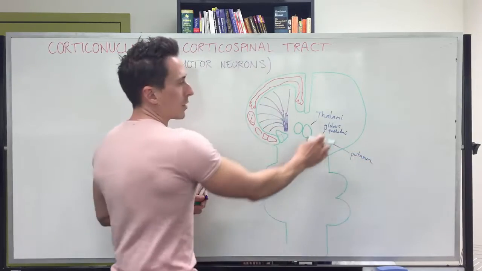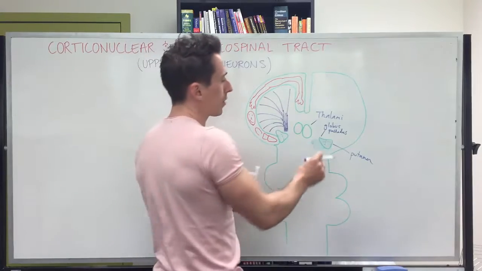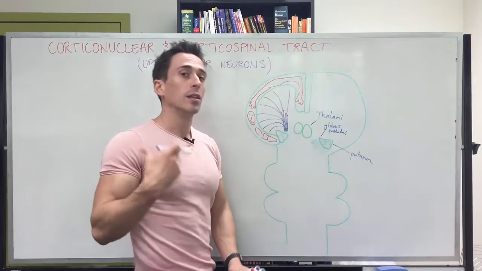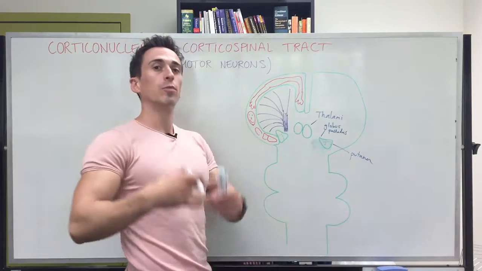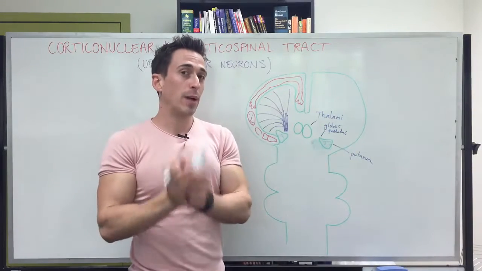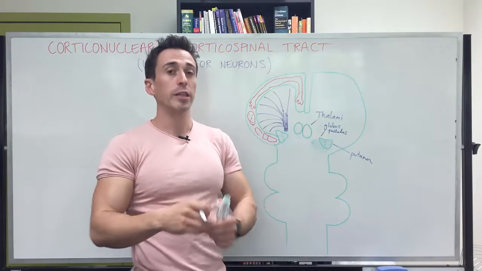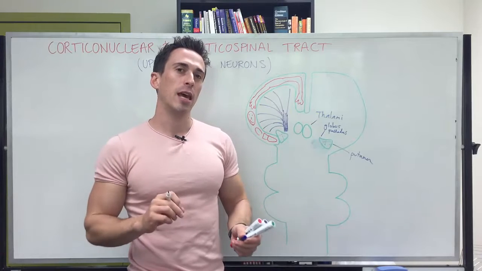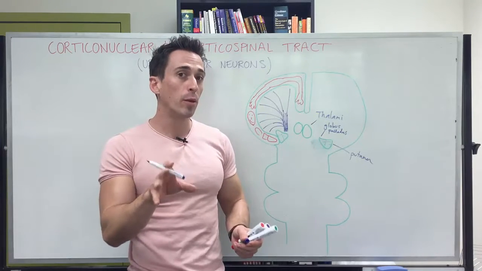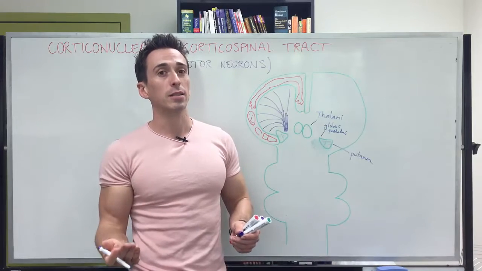The globus pallidus, putamen, together with the subthalamic nuclei and the substantia nigra are termed the basal ganglia. Now the basal ganglia is involved in movement as well. Specifically, it's involved in initiating movement and smoothing movement out, and damage to this area, especially if you have dopamine producing neurons dying off in the substantia nigra, produces Parkinson's disease.